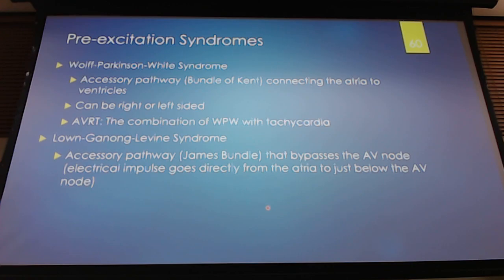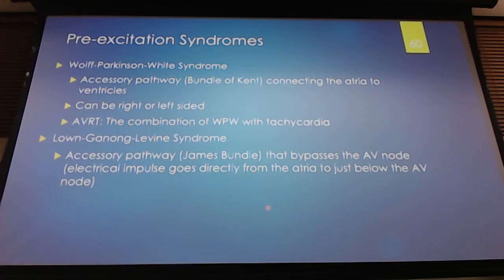And we said in AVRT, which is a tachycardic rhythm, what we think about is WPW with tachycardia. That causes AVRT. So people have WPW, they don't always have a tachycardic rate. They're not always in AVRT. But if they have a tachycardic rate, a lot of times it's going to push them into that SVT, that AVRT. Okay.